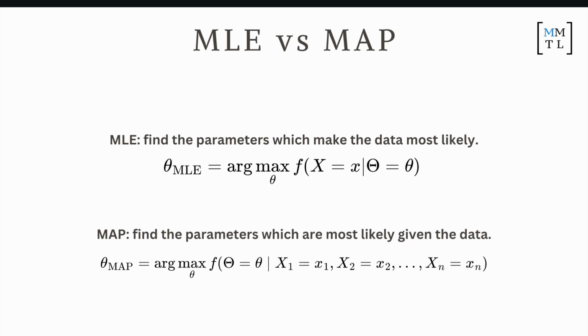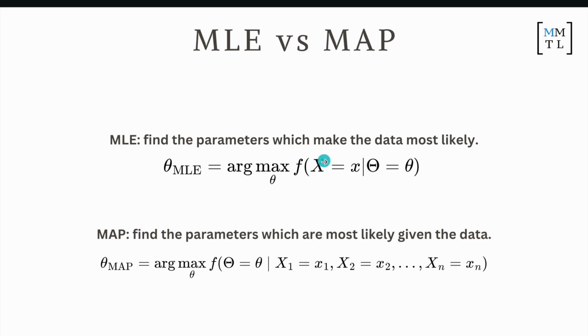MLE does this by trying to maximize the likelihood of the data given the parameters, whereas MAP takes it the other way around, maximizing the likelihood of the parameters given your data.